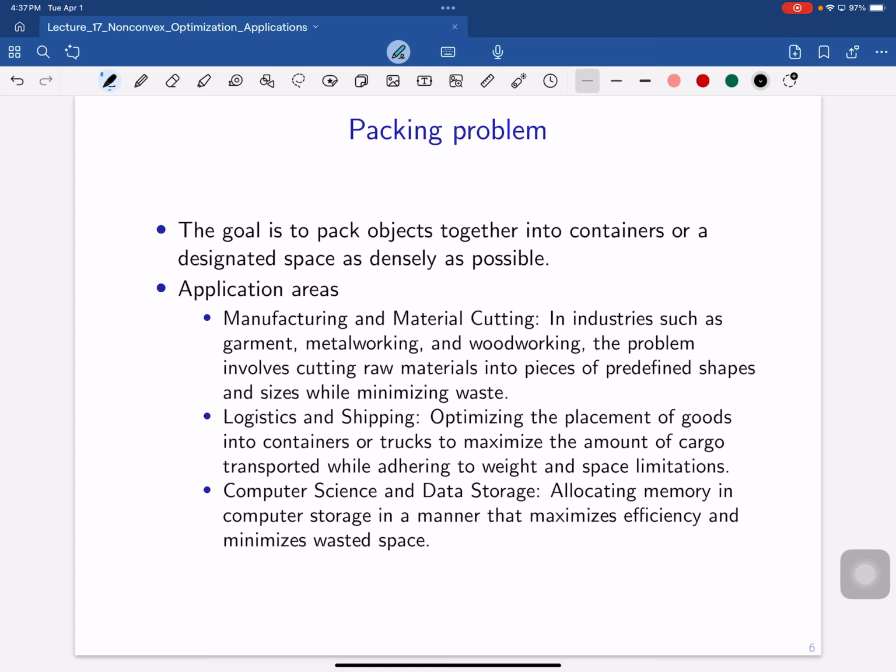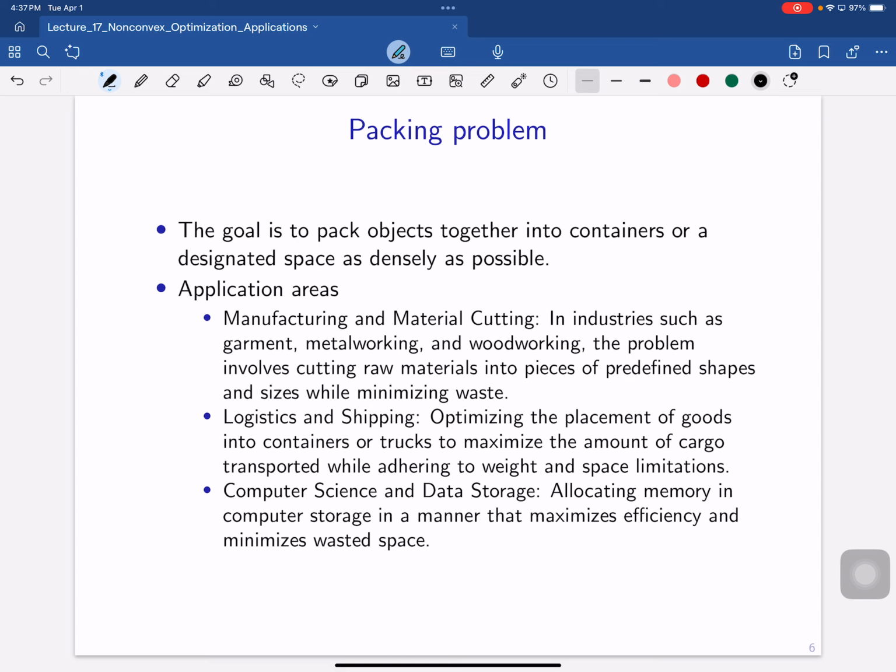For example, if you are making clothes of different sizes, L, M, XL, small, and so forth, you have a huge piece of cloth and you want to cut it into different sizes. How do you save material when you cut this piece of material?